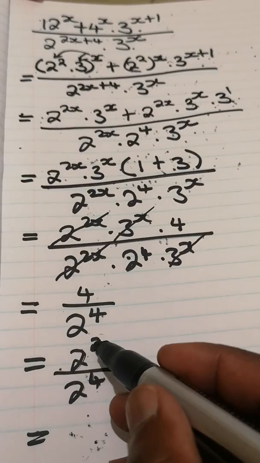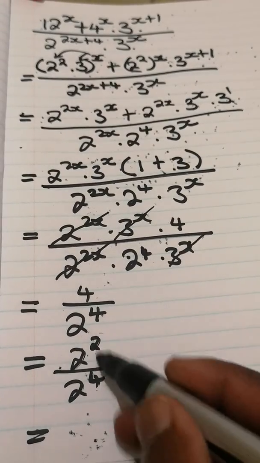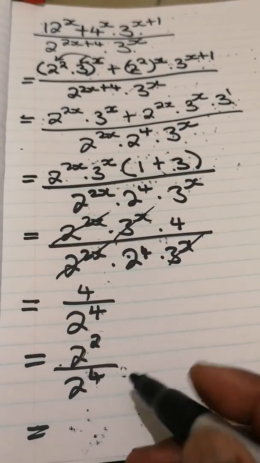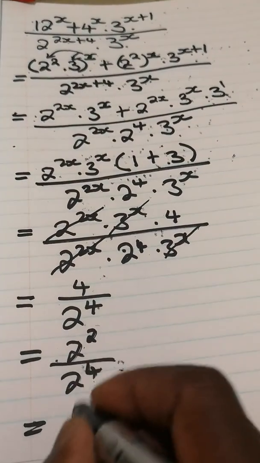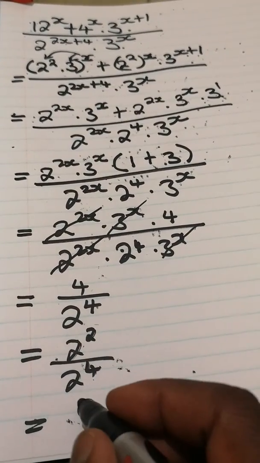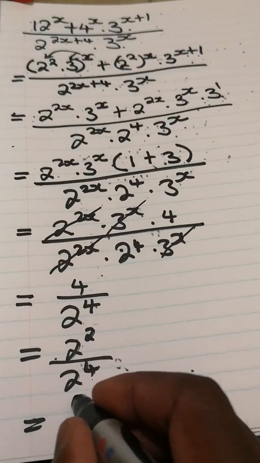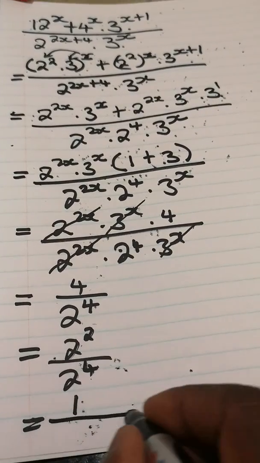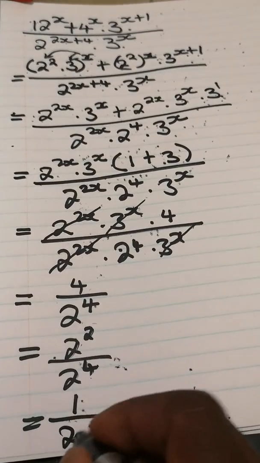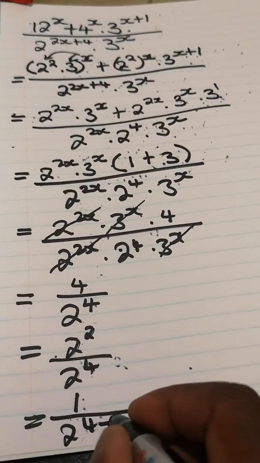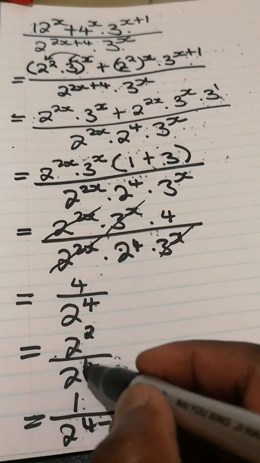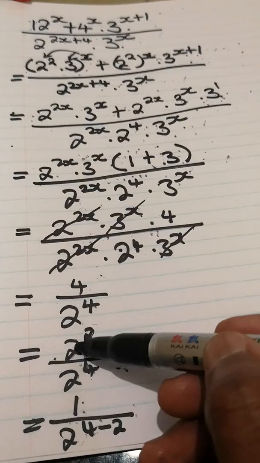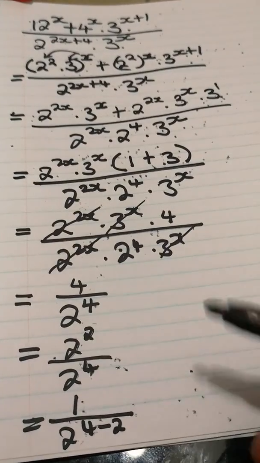So since we are taking it from numerator to denominator, we subtract exponents. So it means I'm going to take the 2 to exponent 2 in the numerator to the denominator. Then it becomes 1 over 2 to exponent 4. Then we subtract the exponent because we are dividing by the 2 to exponent 2 in the numerator.